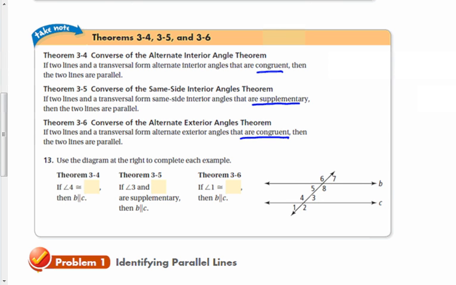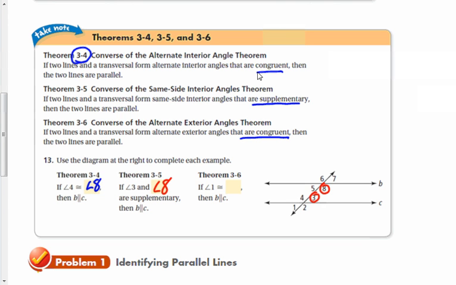So theorem 3.4, we need alternate interior angles to tell if two lines are parallel. So if angles 4 and 8 are congruent, then the two lines would be parallel. The second one, theorem 3.5, that's the same side interior angles. So if angle 3 and angle 8 are supplementary, then the two lines would be parallel.